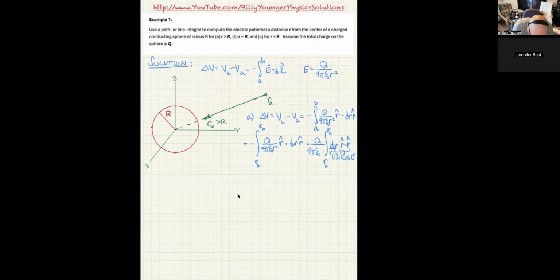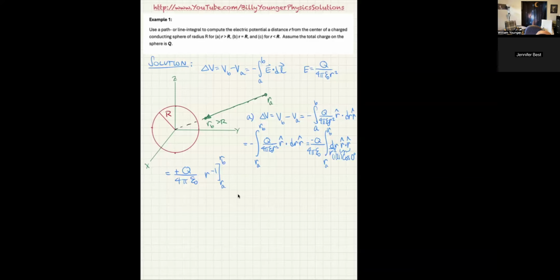So this is going to produce, which I'll write way over here just to conserve some space, because we're going to divide by -1, the negative in front of the q is going to become positive, so it's going to be q over 4 pi epsilon naught, and then we're going to get r to the -1 power, and then I've got to evaluate that from RA to RB.